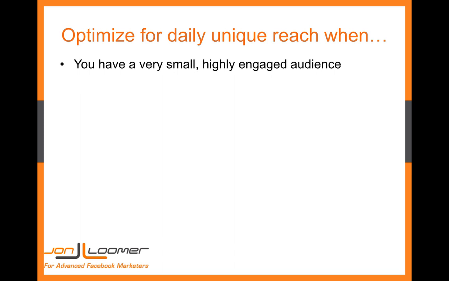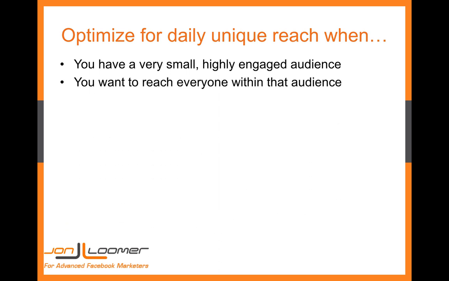So for example, all these people have registered for something specific. That makes them a prime candidate for this related product. Or these people bought this product, they'd be prime candidates to buy this other product. So you want to reach everybody in that audience in that case.